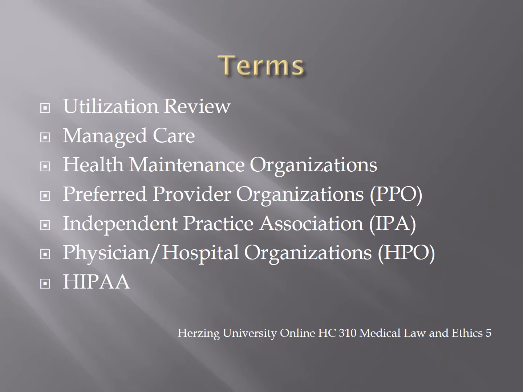As well, you should also know a definition of a health maintenance organization, a preferred provider organization, PPO, an independent practice association, or IPA, and a physician hospital organization, or PHO. And then again, something that we're going to deal with the rest of the course, HIPAA.